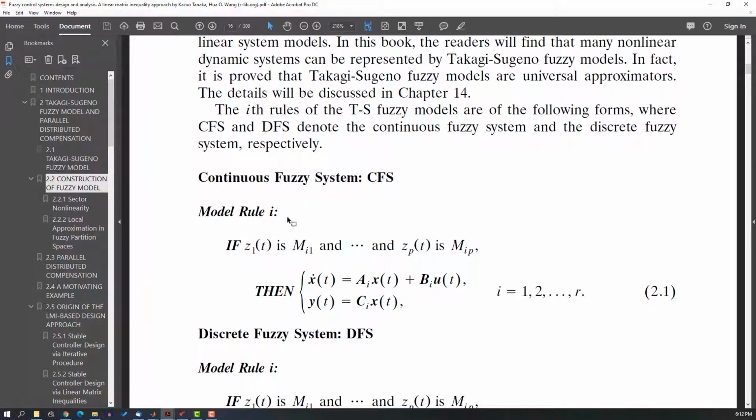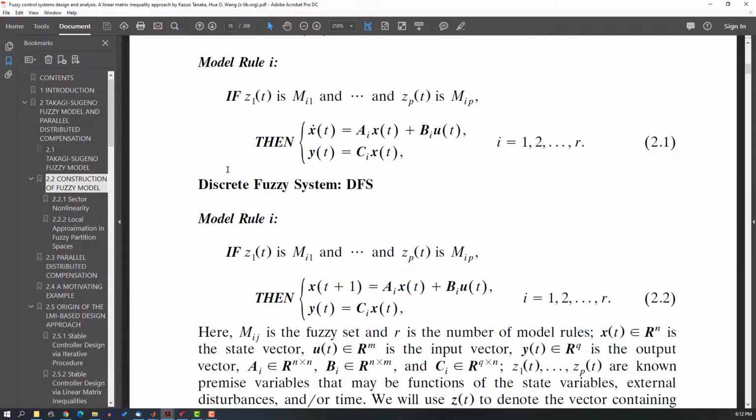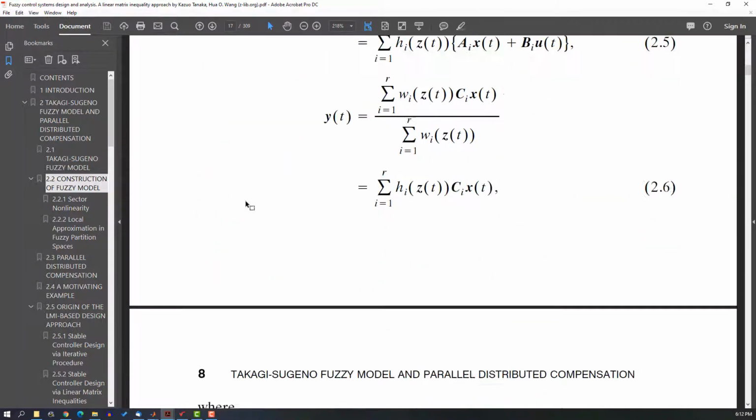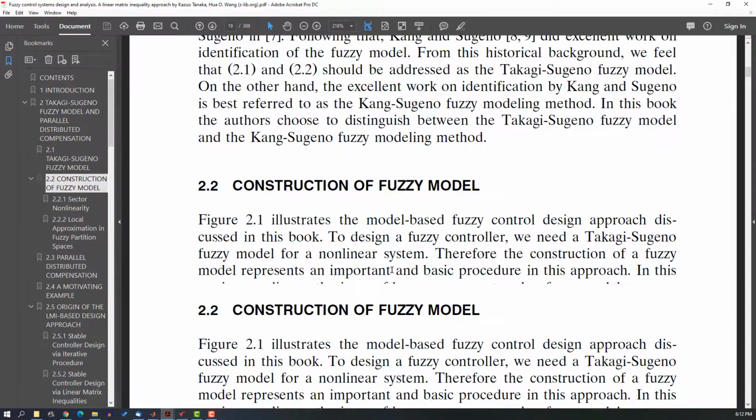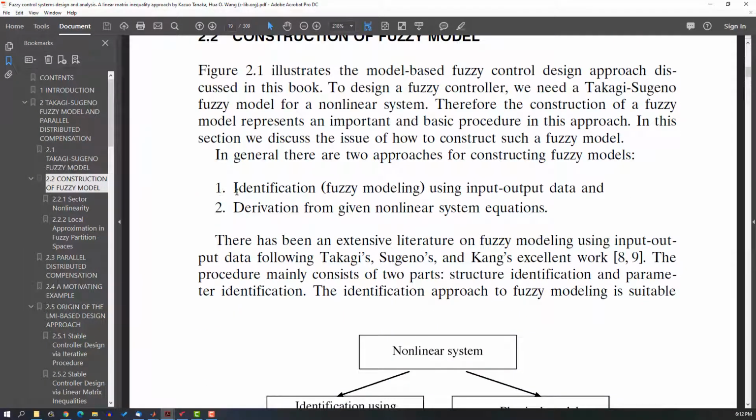So in some condition, you will have constant matrices like this. You change some condition, you have another one. That's all for the identification methodology, but for our case we will focus on the second methodology.